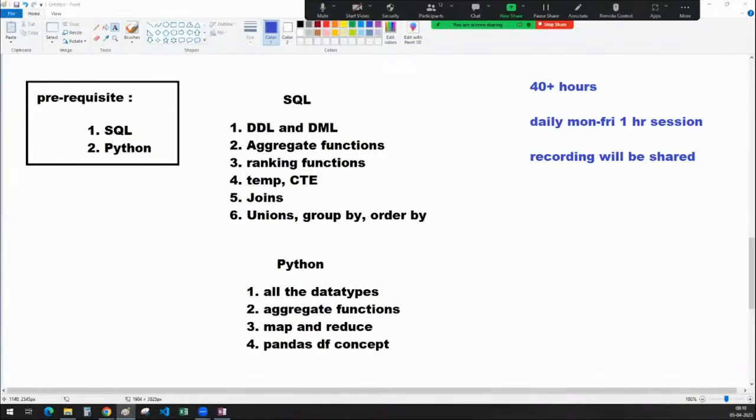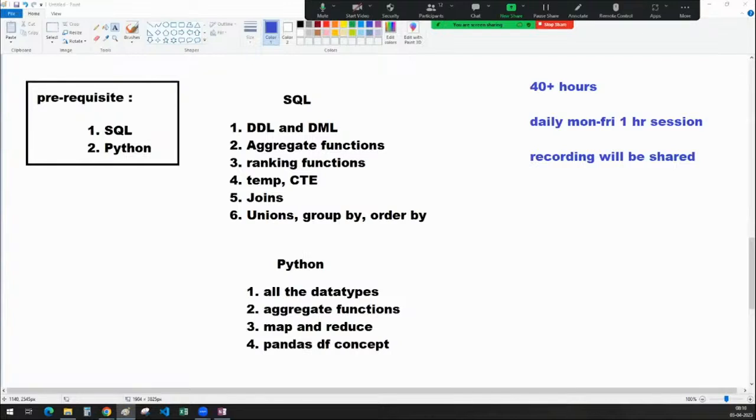Yeah, it will be really helpful for you to go for this course. Because data engineering is a foundational course. And one more thing, in our course I will be starting from very basic to the advanced.